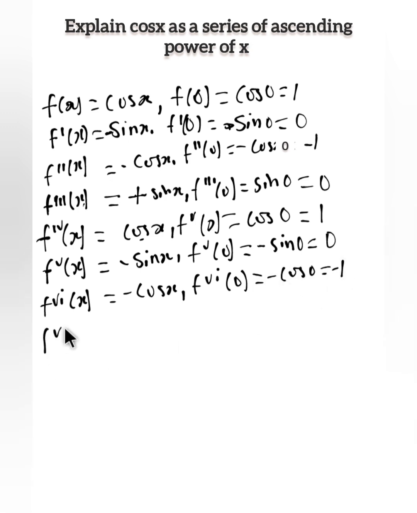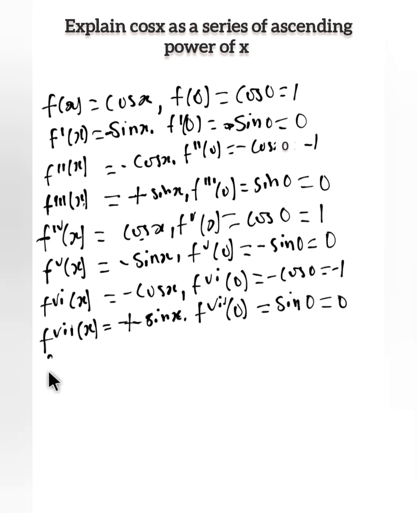The seventh derivative of x is equal to, negative sign should come down. The differentiation of cos x is minus sine x, which becomes plus sine x. Hence, the seventh derivative of 0 gives us sine 0, which equals 0.